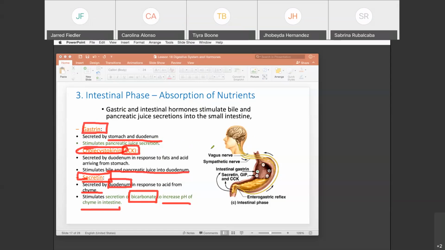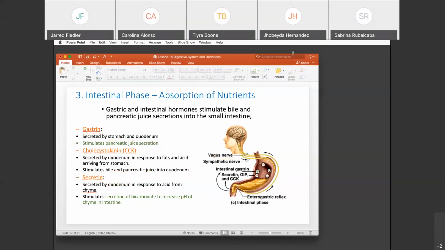Of course, these are still regulated by our vagus nerve. They're all regulated by the same cranial nerve, all these different hormones, all right? Everyone clear on that?